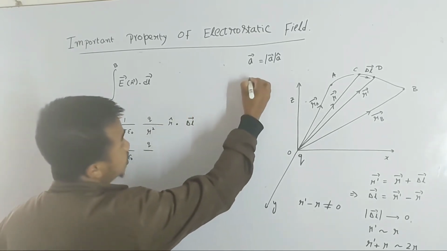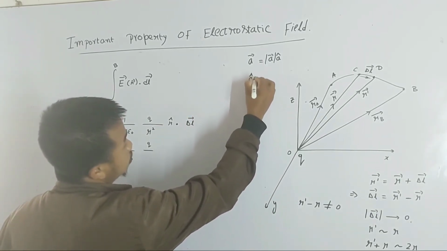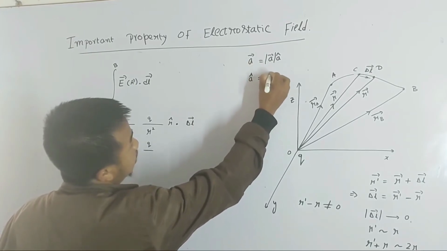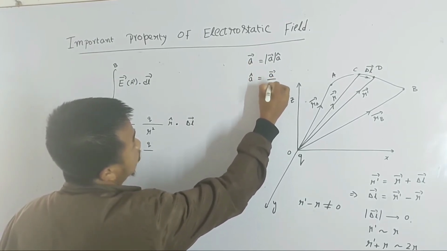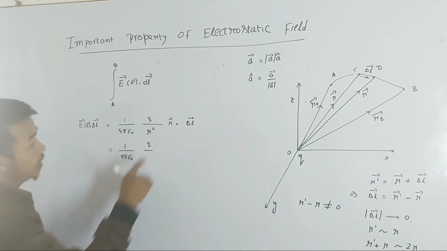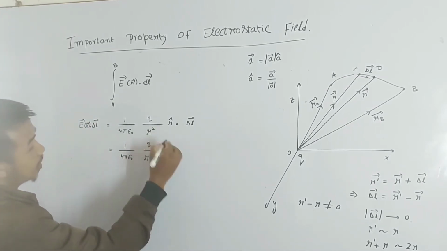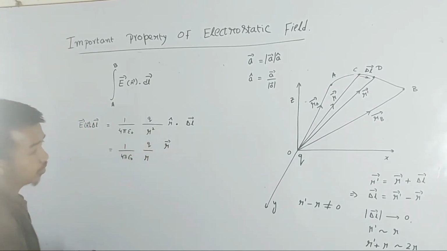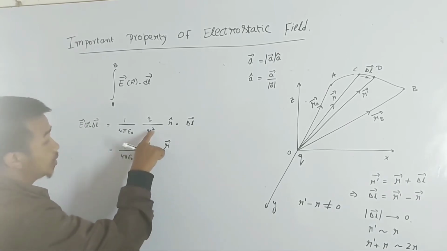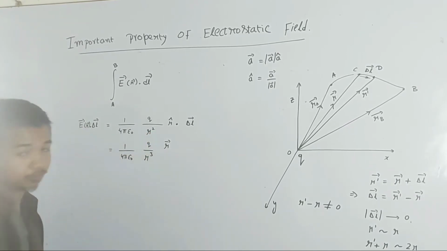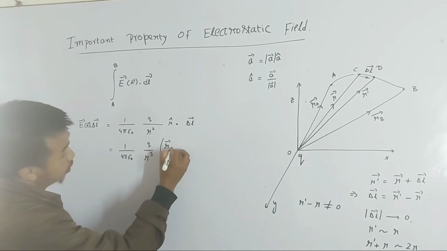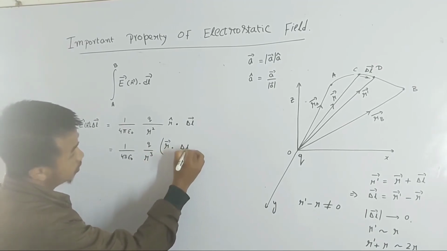A cap is A vector divided by mod A. Similarly here, R cap is R vector divided by R, so R into R squared becomes R cube. So this is the dot product R dot delta L.